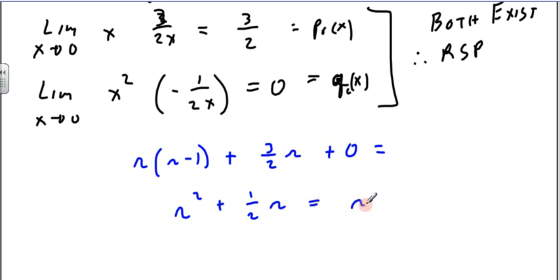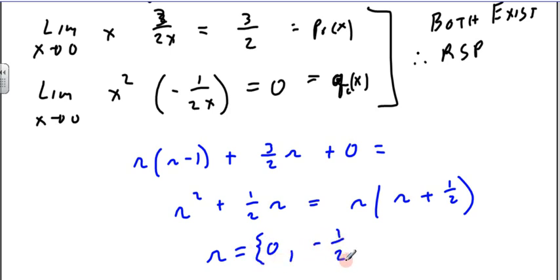I factor out an r: r times r plus 1/2, and I find that my r's are going to be 0 and minus 1/2. Okay, now we know the r's.